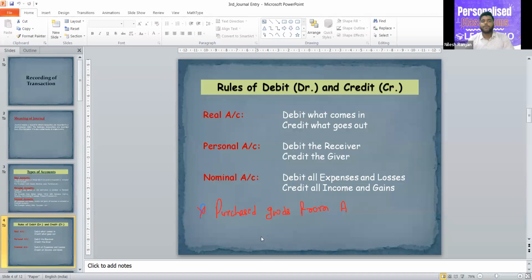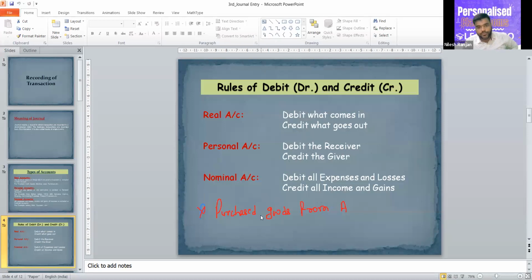Okay, so we purchased goods from A and didn't pay the amount. A will be credited here due to the rule, credit the giver. But what item will be debited in this transaction? We don't record our name because we are the business owner. So we are the receiver, but we will not record our name. What will be debited here?